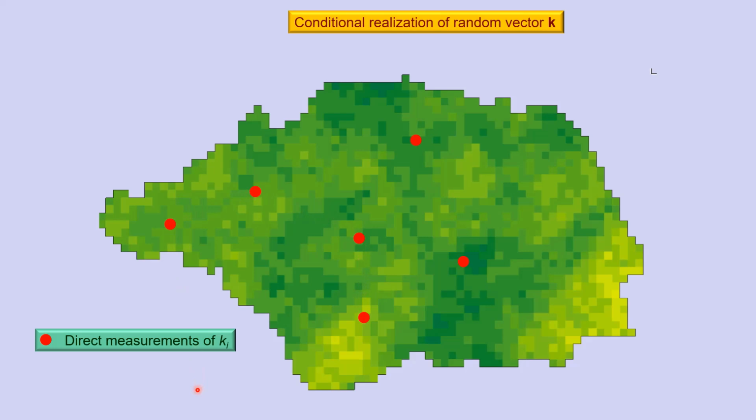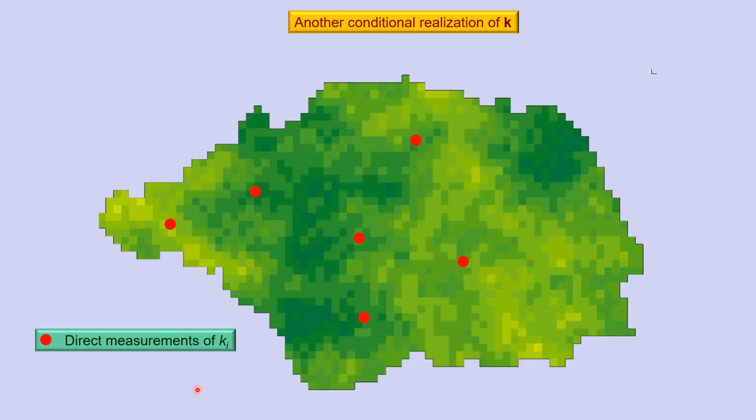So now my random realizations all have the same values at the sample points, but more than that, they all have limited variability in the vicinity of those sample points because of the fact that I've sampled at those points.